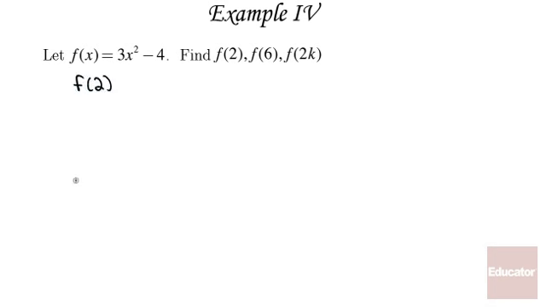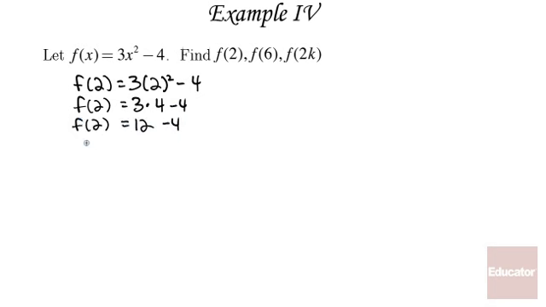Recall that when you're asked to find a function for a particular value of x, you simply substitute that value for x in the equation. So f of 2 equals 3 times 4 minus 4. So that's 12 minus 4. So f of 2 equals 8.